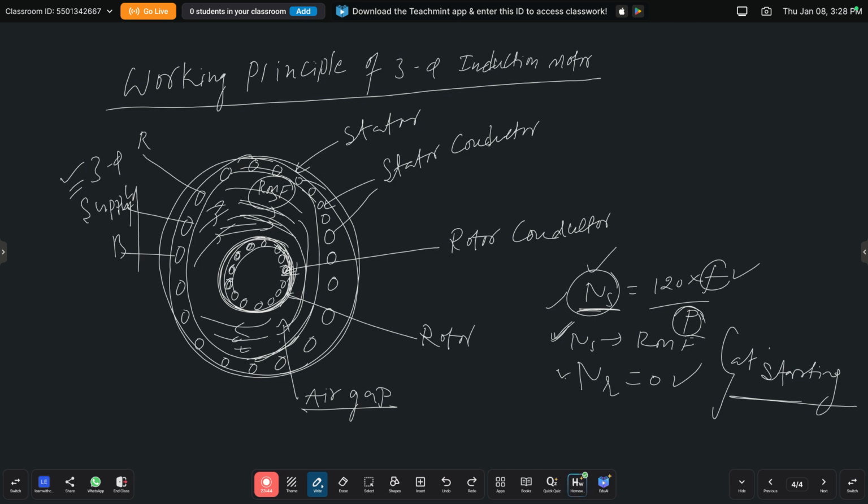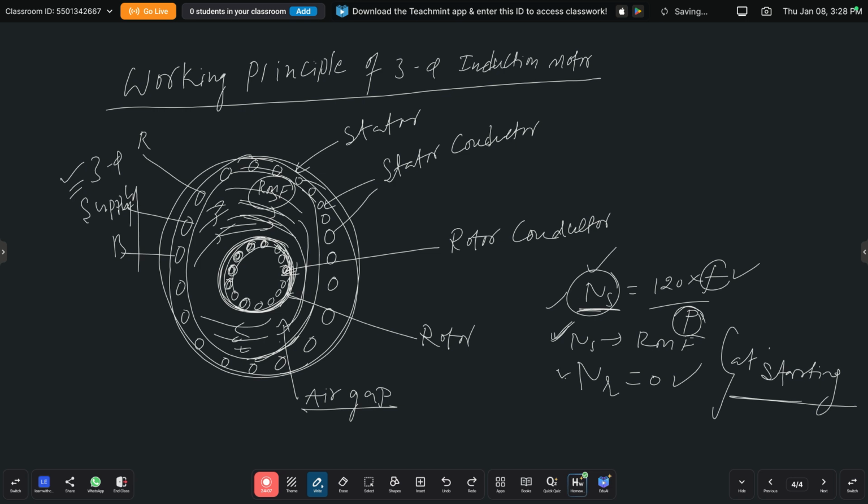EMF will be produced in these rotor conductors. Flux, conductor and relative speed, these three are there, so EMF is automatically produced in the rotor conductors. Now these rotor conductors are already short circuited by the end rings, so current also flows through these rotor conductors.